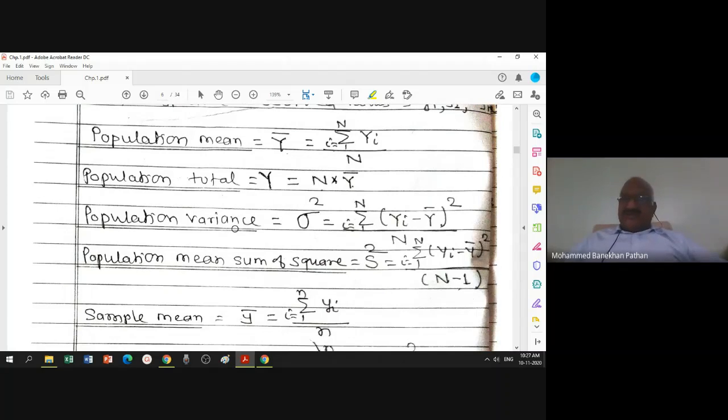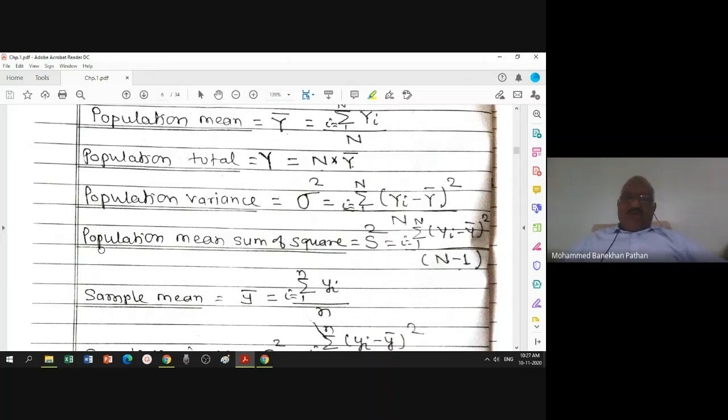Population variance is denoted by sigma square. Sigma square is the variance quantity and is calculated by this formula: summation i from 1 to N of yi minus y bar whole square, divided by capital N. You know from your first year this numerator can be simplified, and that formula is summation y square minus capital N times y bar square, a simplified formula.